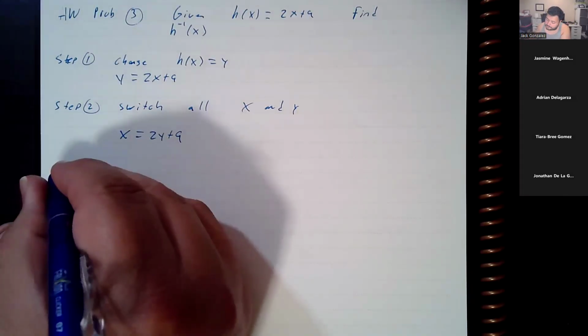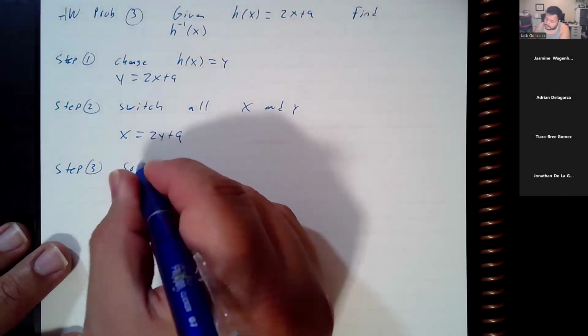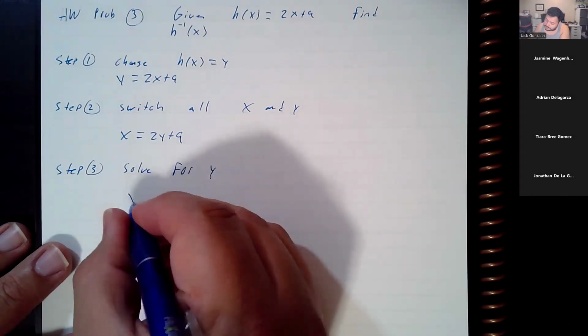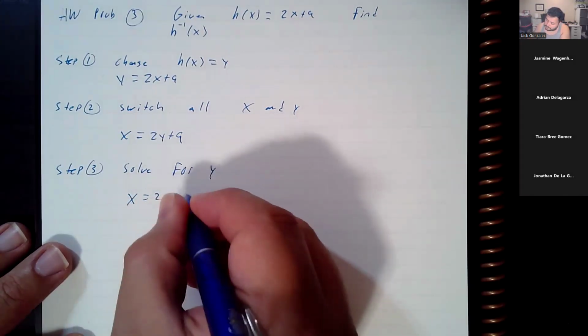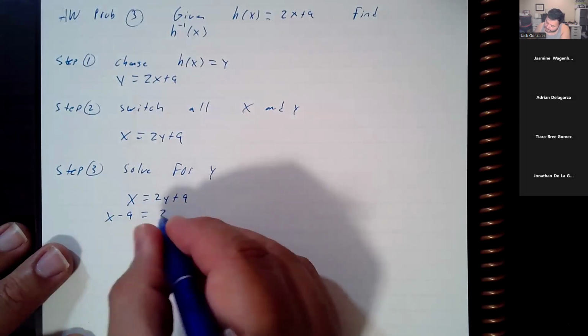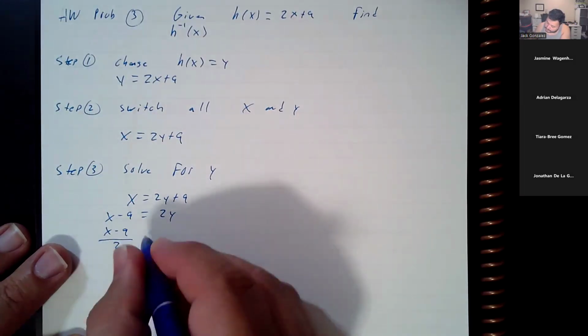Step 3, solve for y. So here we go. Subtract the 9. Divide by 2.